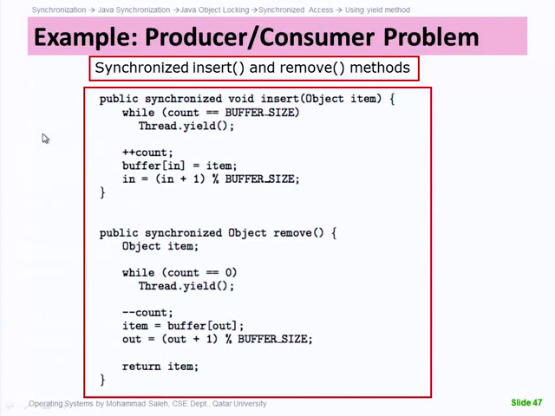We want the consumer to consume so that the buffer is not full. And here we implemented it using the method yield. So this Thread.yield suspends the thread who is the producer. In the code here, if the producer found the buffer full, then the producer is suspended.